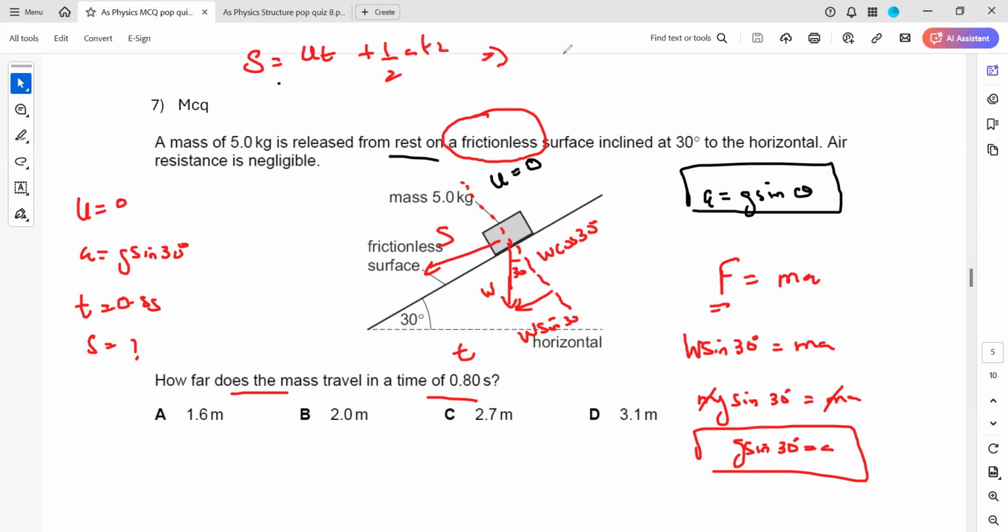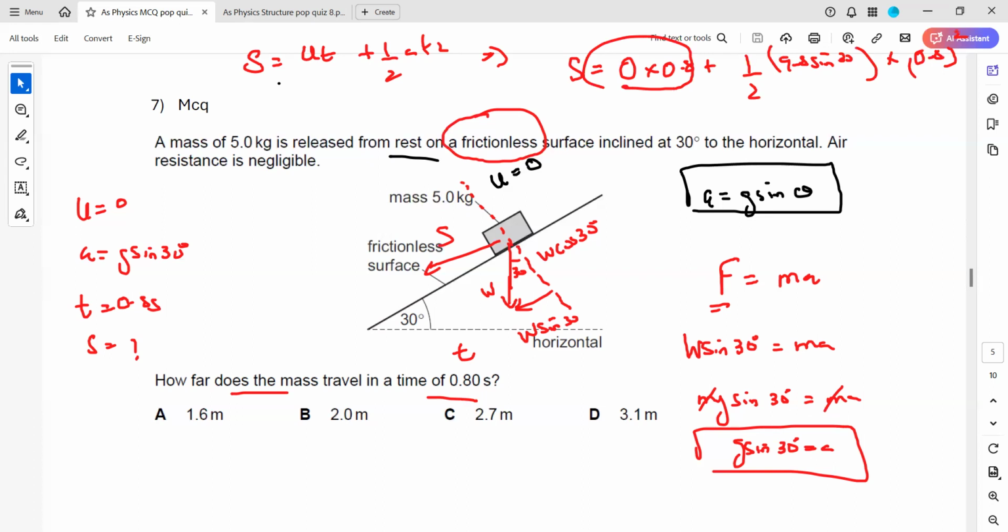Just substitute the values. Initial velocity is 0, so that term will be 0. The time is 0.8, plus half times g sine theta, so g sine 30 or 9.8 sine 30, times 0.8 squared. So 0.8 squared multiplied by sine 30 into 9.8 divided by 2 will give us the displacement of this object on the inclined surface.